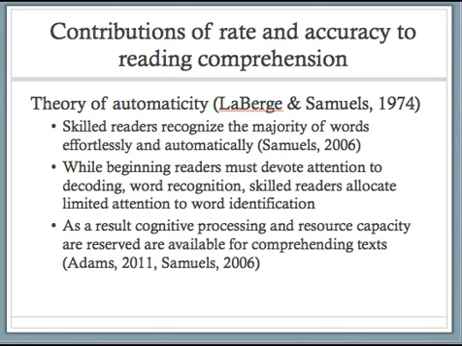When you apply that then to reading and decoding, the notion is that skilled readers recognize individual words and groups of words more effortlessly and more automatically. That's that theory of automaticity.